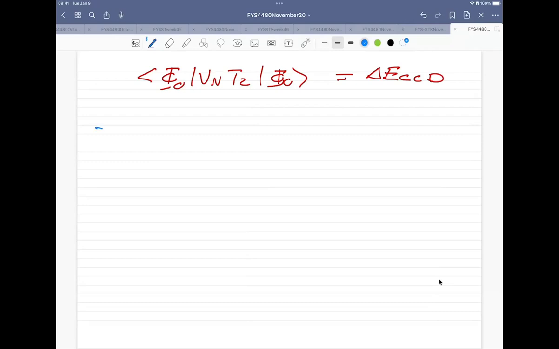So this term is equal to 1 divided by 4 from the interaction, 1 divided by 4 from the T2 operator, which is an anti-symmetrized operator.